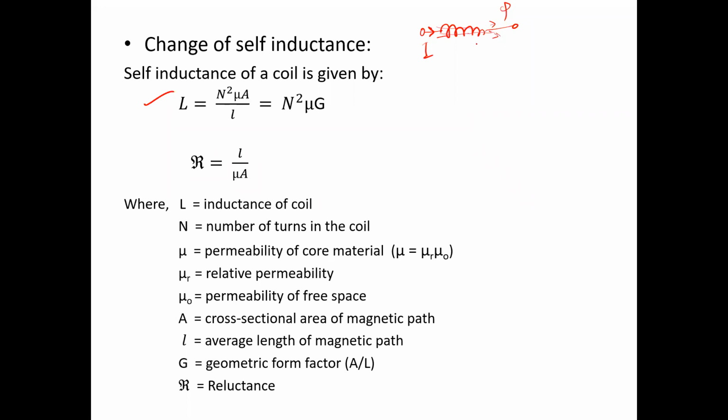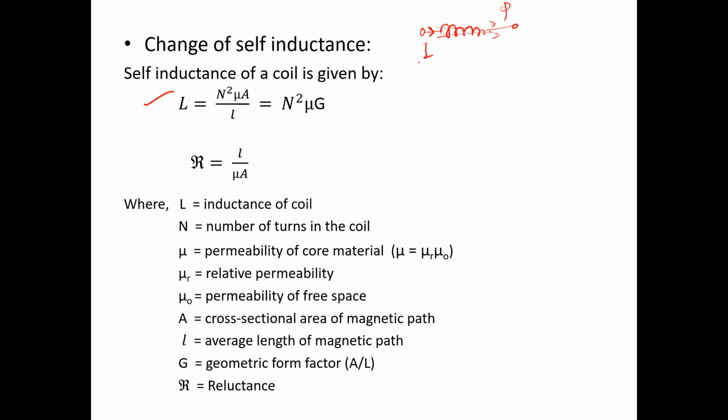Self-inductance is basically the property for which the voltage is induced in the coil itself. And mutual inductance is when the voltage is induced in any other nearby coil due to the current flow in another coil.